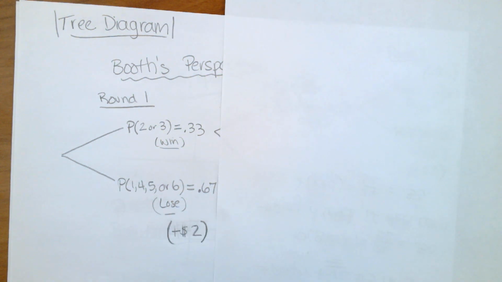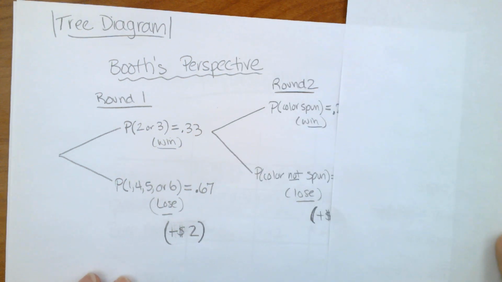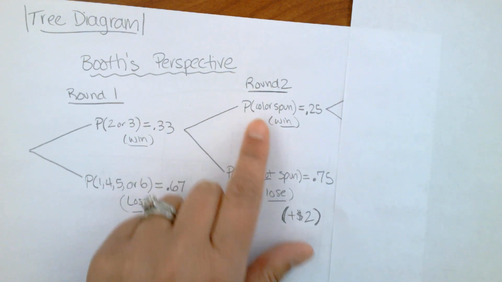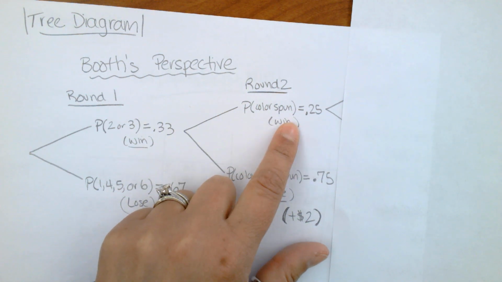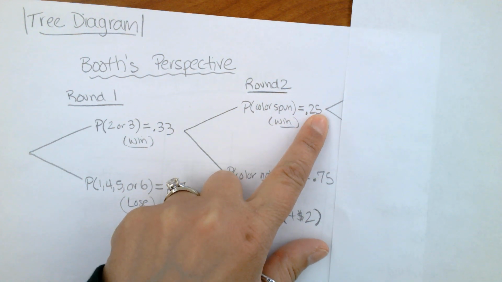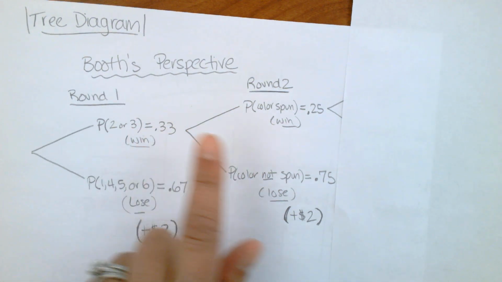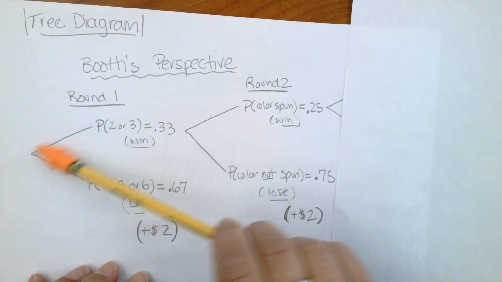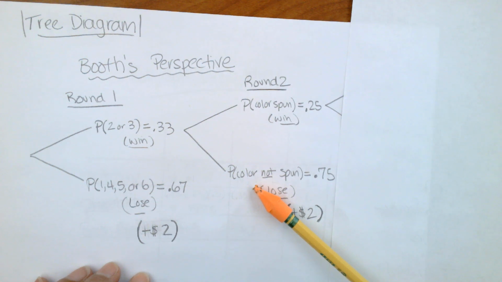All right. Let's go on to round two. Round two, here, we have to do the color. If the color is spun, they get to win, they get to move on to round three. If they lose, so they made it here, and then they lose, so they went from this branch, yay, round one I won, to this branch, I lost.